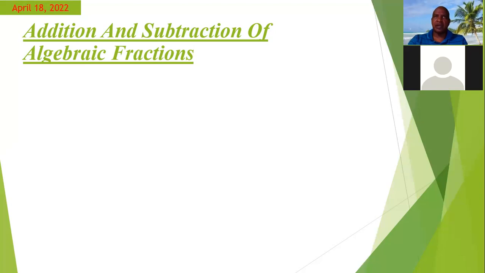So your result would keep the same denominator as the fractions that you're adding, but you're simply going to sum the numerators and put it over that.